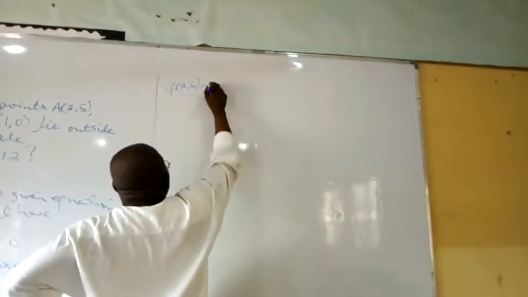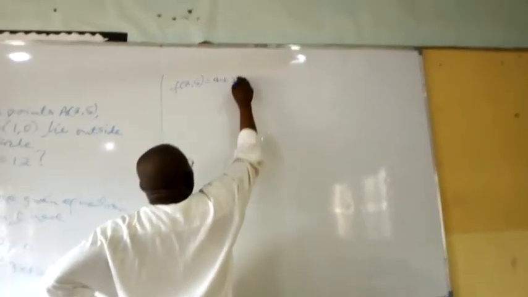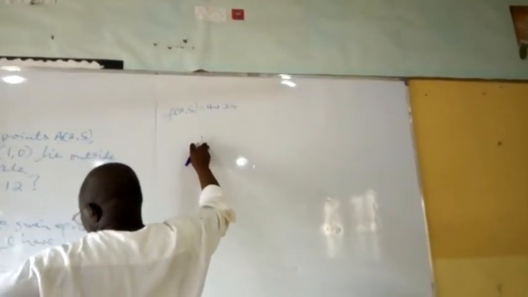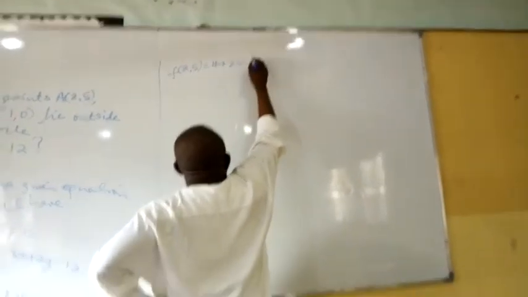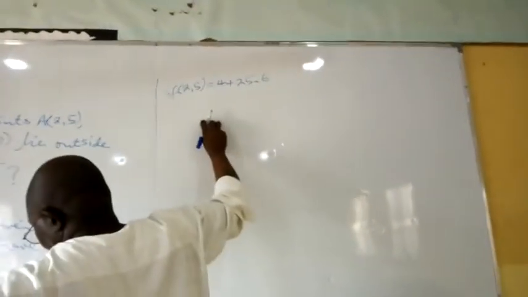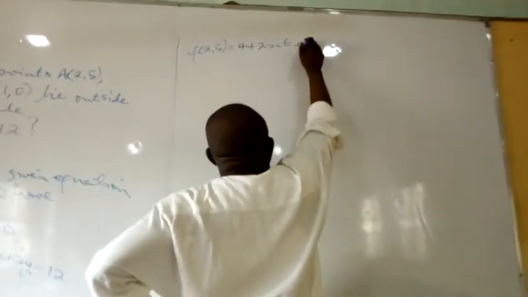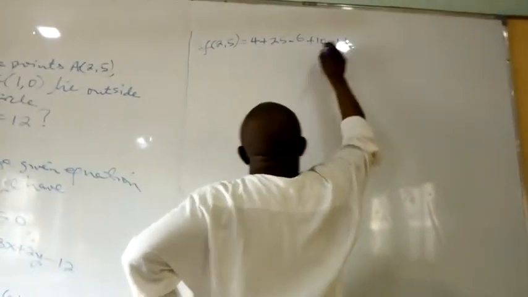Therefore f(2, 5) = 4 + 25 - 6 + 10 - 12.